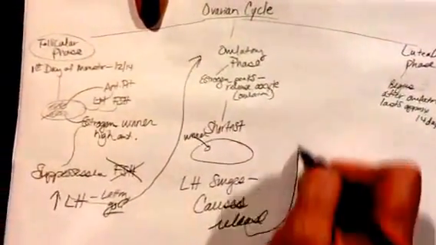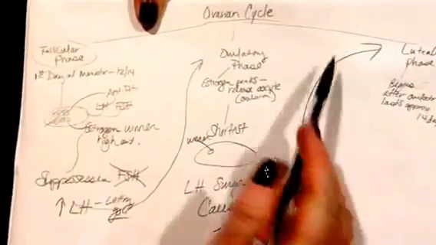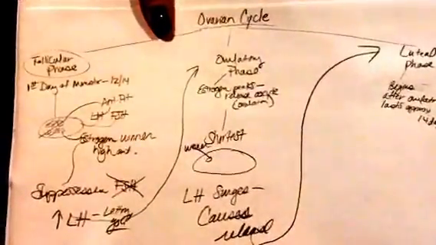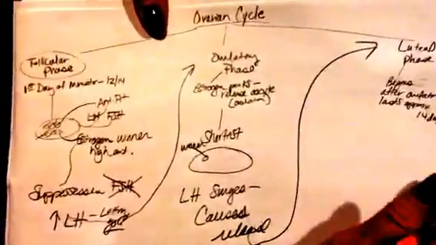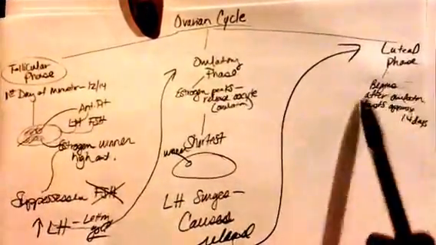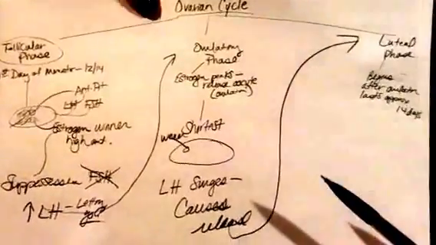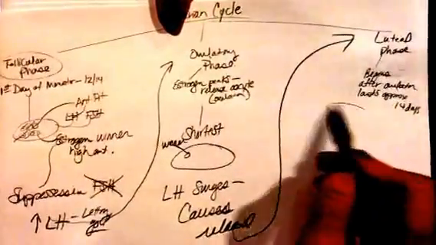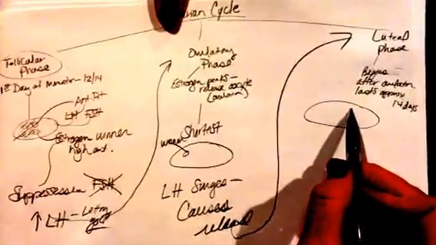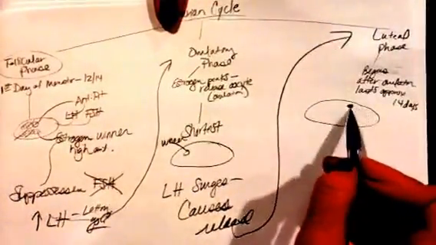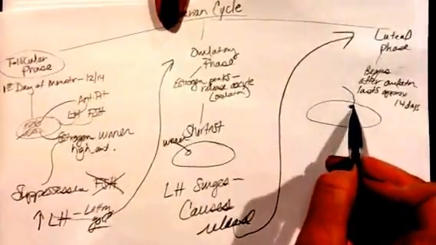We then enter into the luteal phase. The luteal phase, as I said before, begins after ovulation, lasts approximately 14 days. During this phase, we need to think of that ovary and where that Graafian follicle was developed and then released.